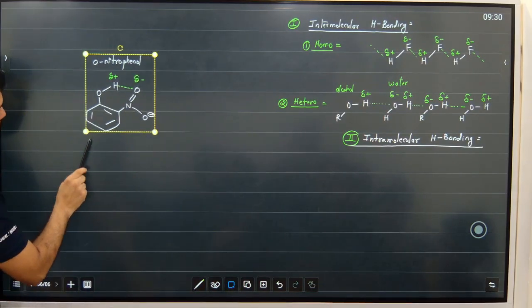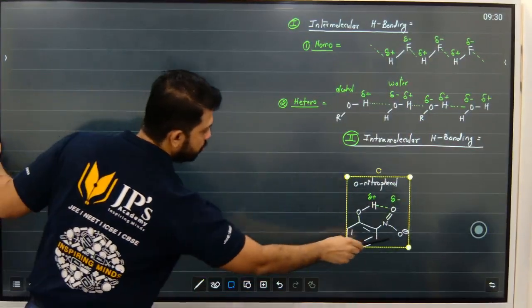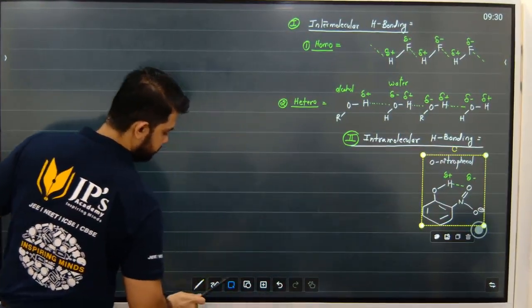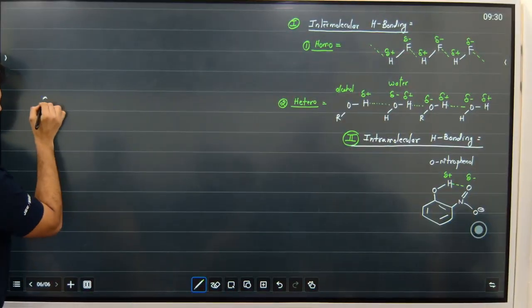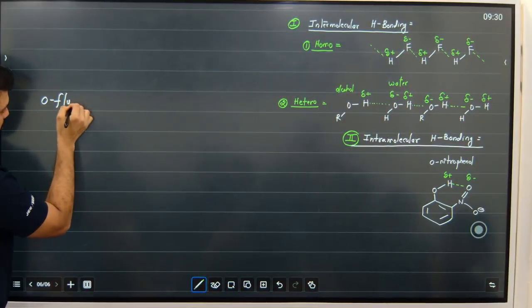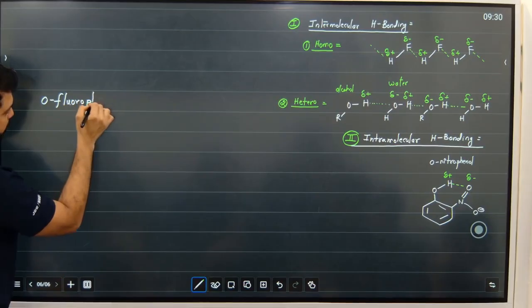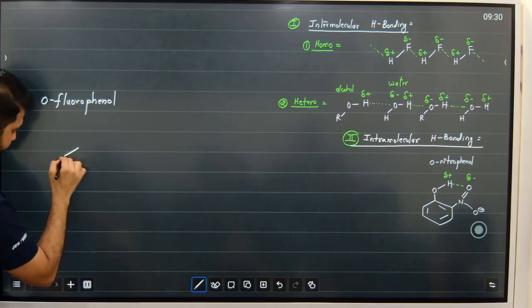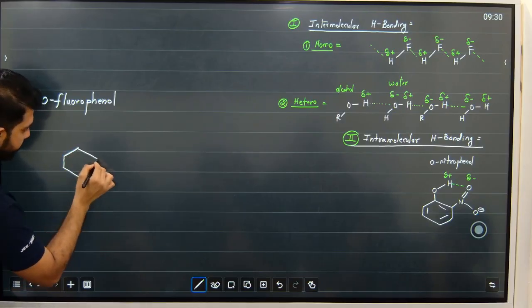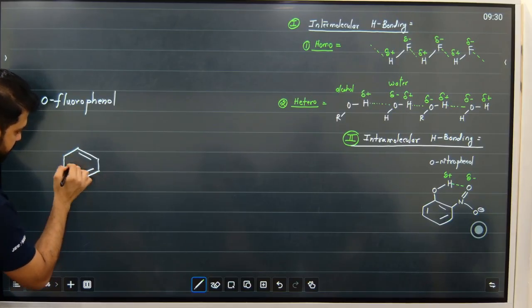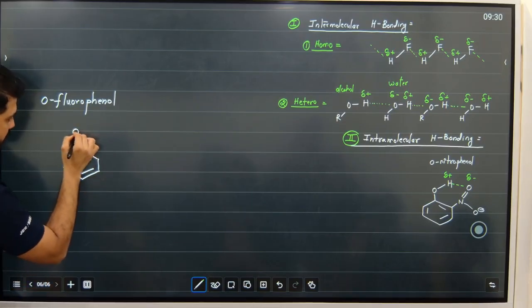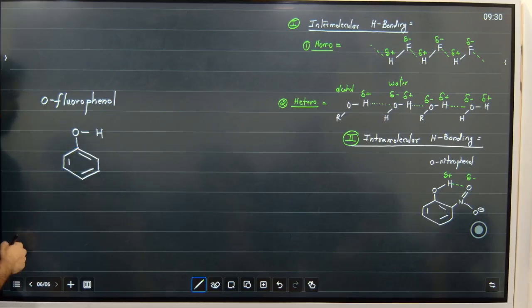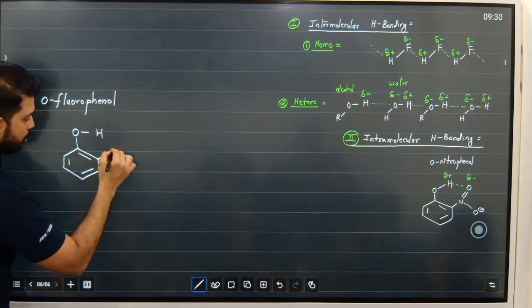Let's write some more examples. The first example is ortho-nitrophenol. The second example is ortho-fluorophenol. This is phenol molecule with fluorine at the ortho position.